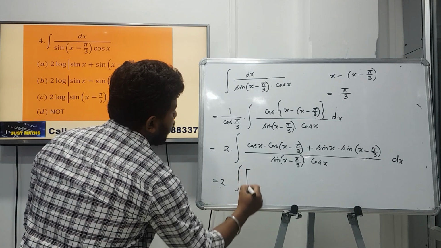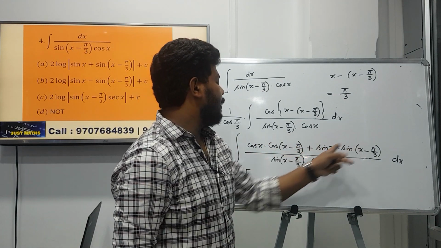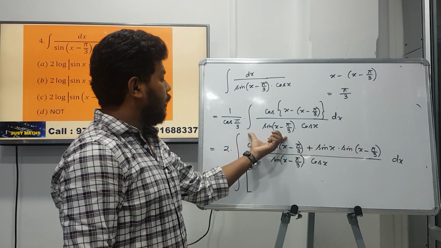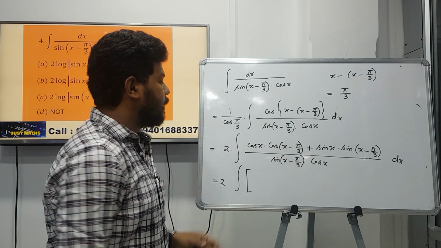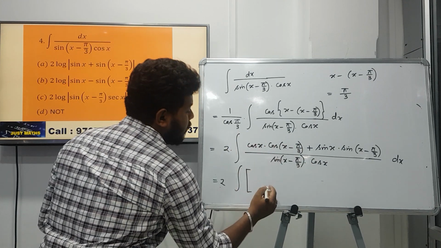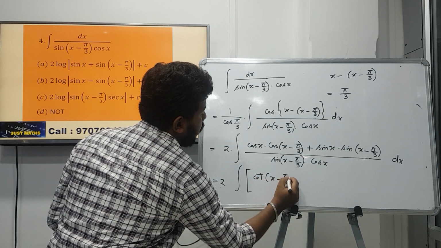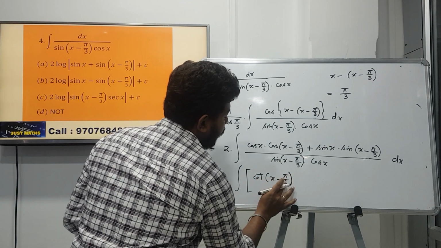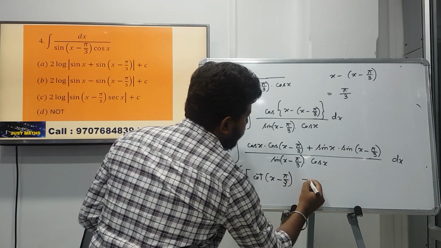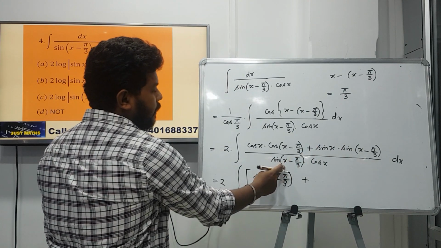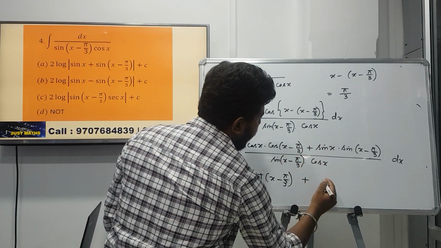Now, divide the numerator by the denominator. Cos gets cancelled, this is cos by sin, cot of x minus pi by 3, and in this one sin gets cancelled, sin by cos, it is tan x.